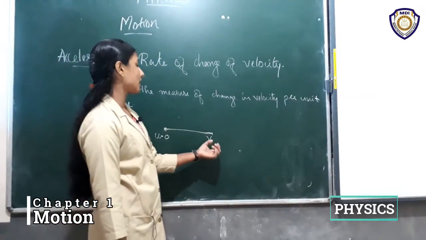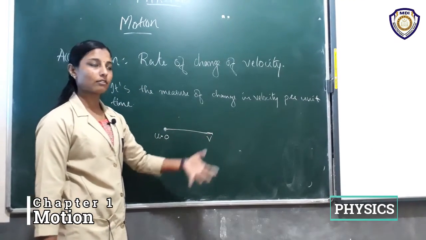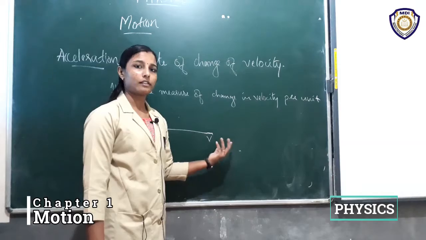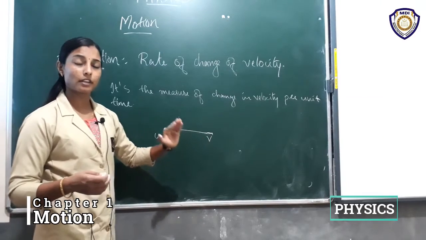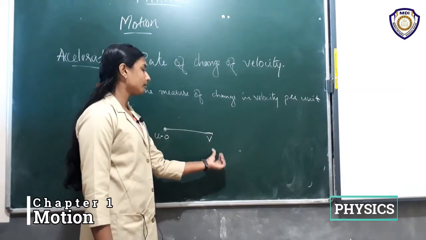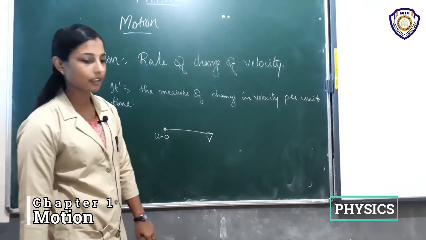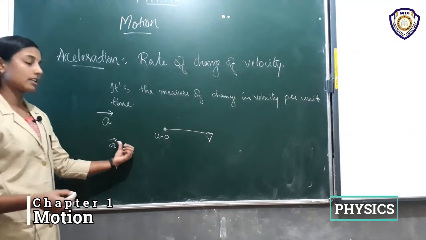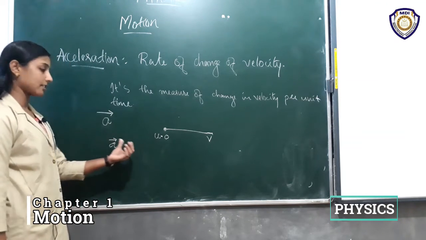So it is the initial velocity. Here it has some velocity. Here it is 0 and here it has some value, maybe 10 or any magnitude, right? So here it has a velocity, okay? So the final velocity we can represent by v. So how can we represent the rate of change of velocity? Acceleration, and this symbol indicates it's a vector quantity, that means it has a direction, right?